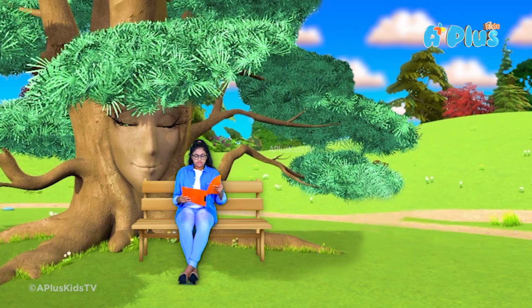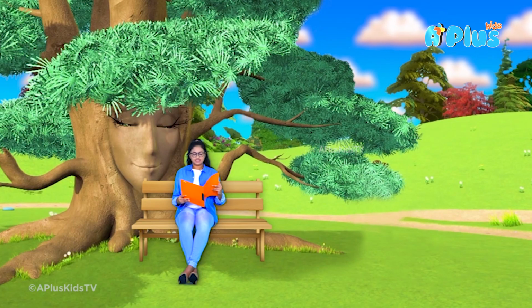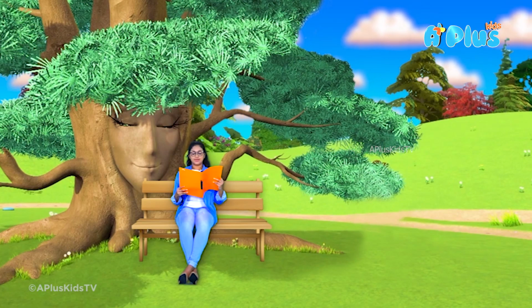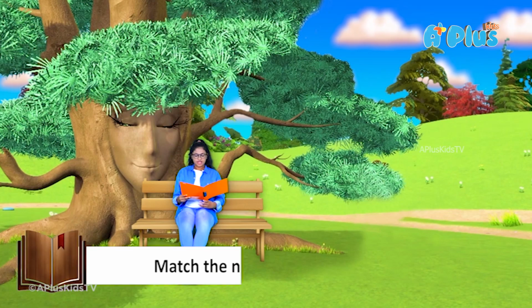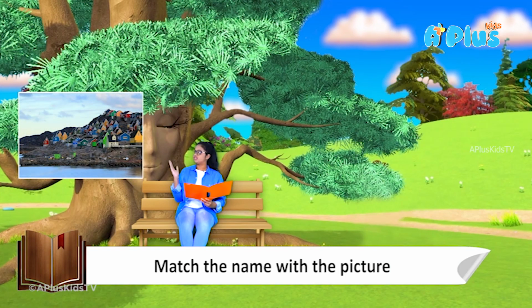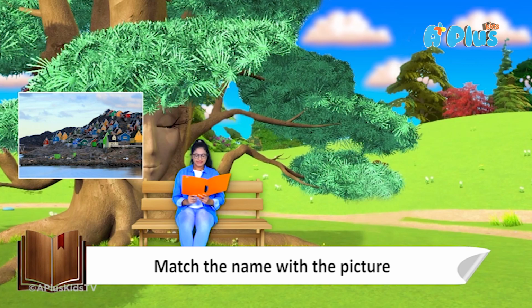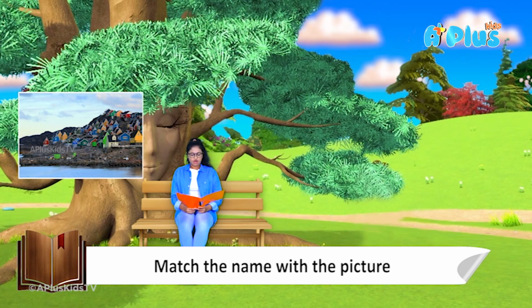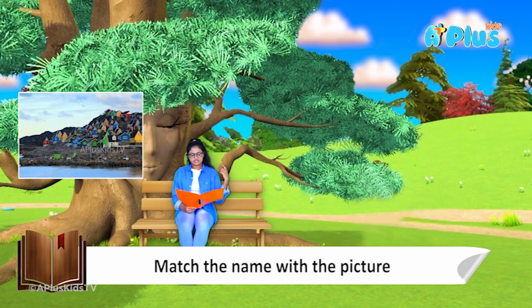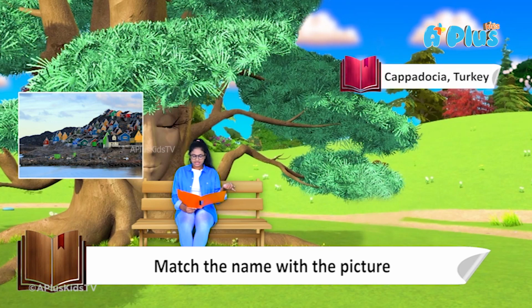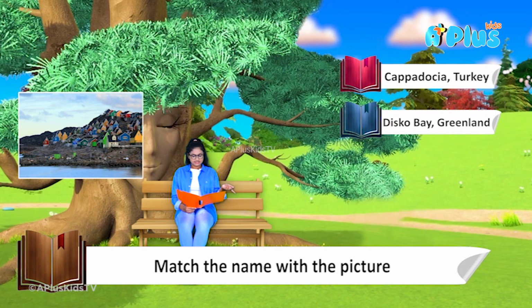Okay. So, moving on to the deadly last question, which is question number 6. Yeah, you have to match the name with the picture given here. See the picture, right? Option number 1 is Cappadocia, Turkey. Option number 2 is Disco Bay, Greenland.